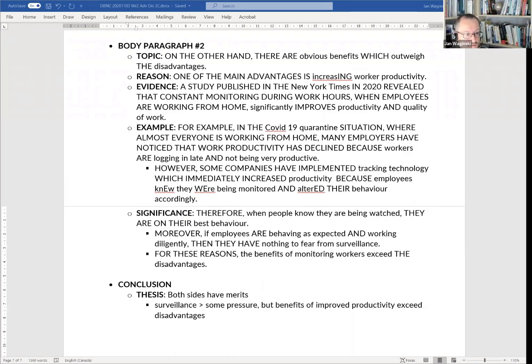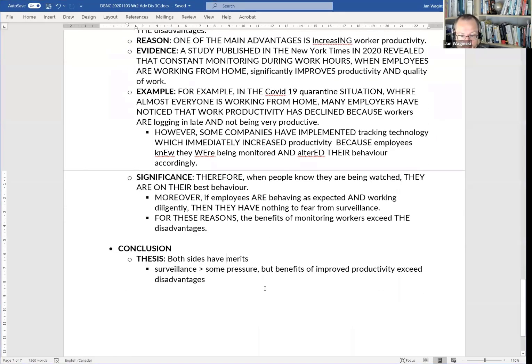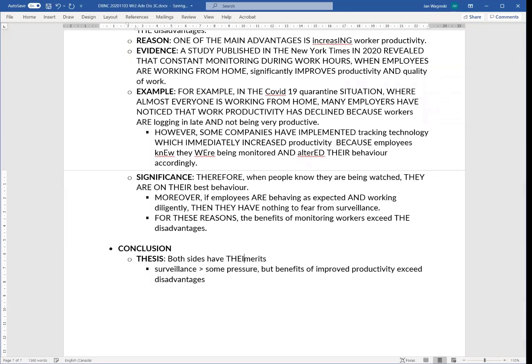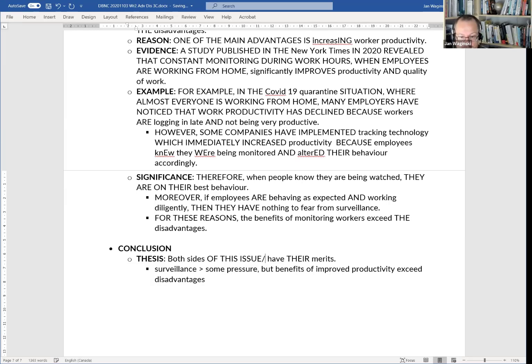You can just say both sides. Both sides have their merits. Can we say both sides of this argument? Both sides of this issue have their merits. Both sides of this argument have their merits.